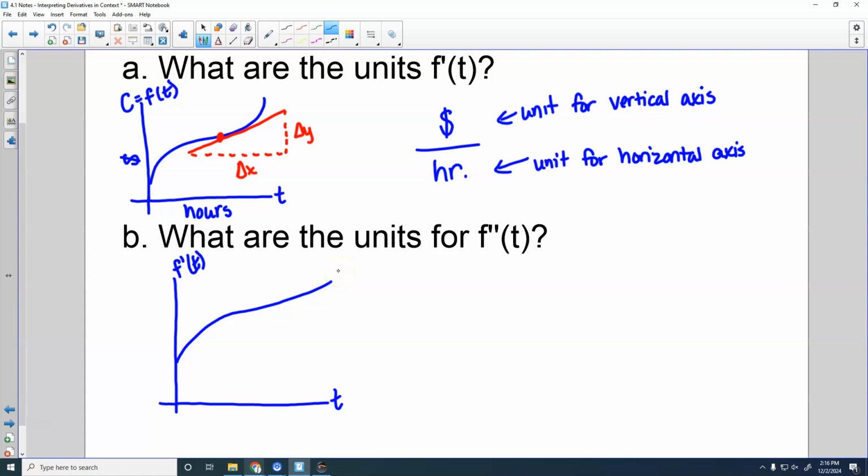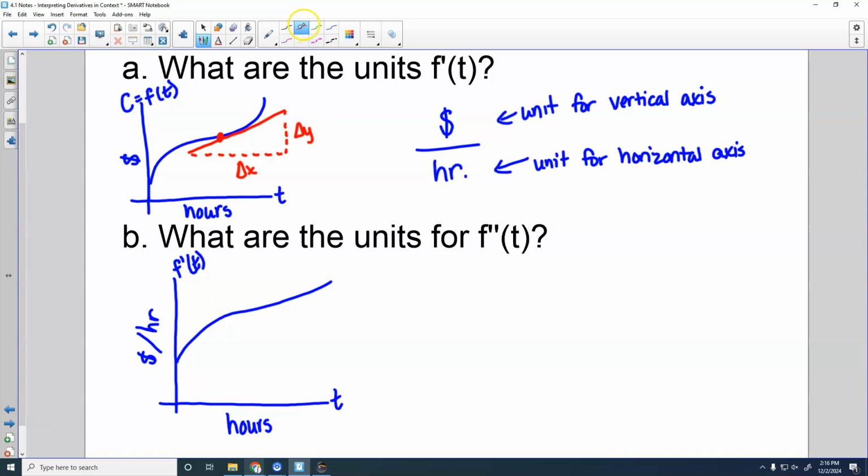May not match that one so well. And this is f prime of t. The t is still measured in what? Hours, specifically for this. What is f prime measured in? Dollars per hour.